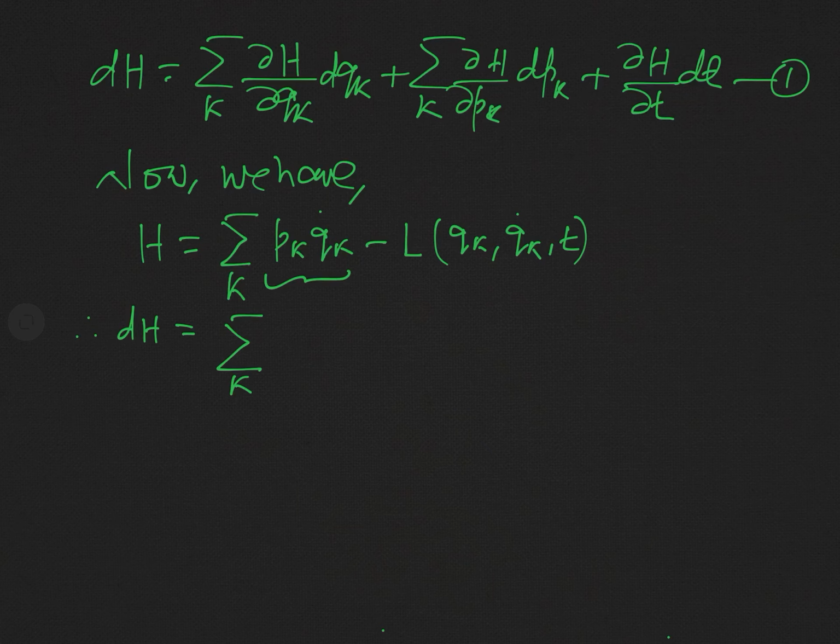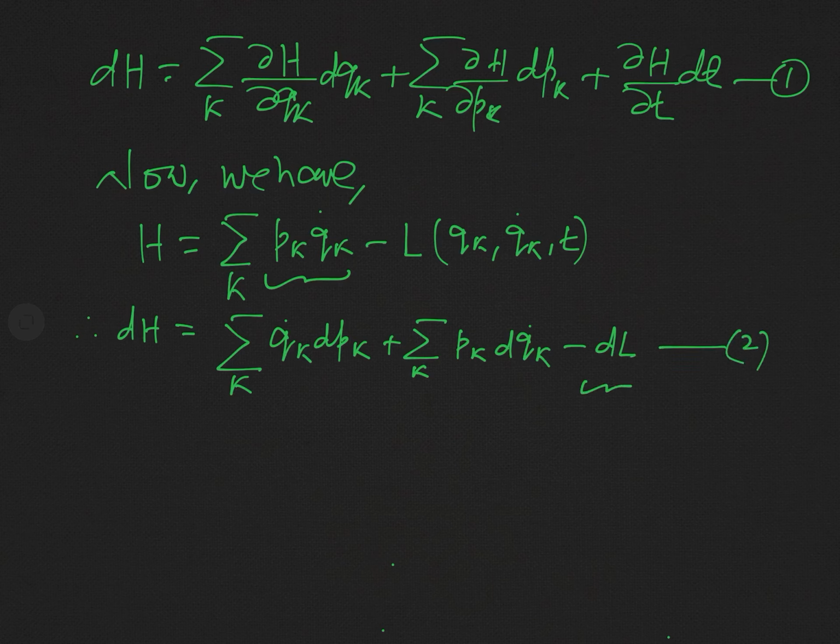And from this we will get summation over k qk dot dpk plus summation over k pk dqk dot and minus dL. Let us say this is equation number 2.